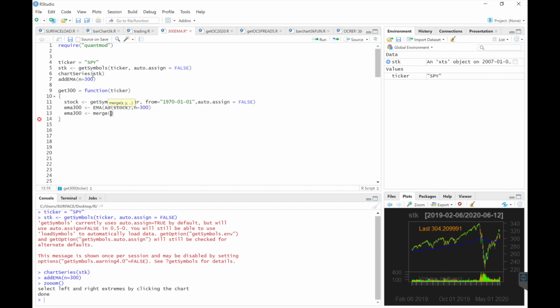Then I'll combine the adjusted prices with the moving average. And then I'll calculate the percentage difference here, and round that to 4 decimal places.